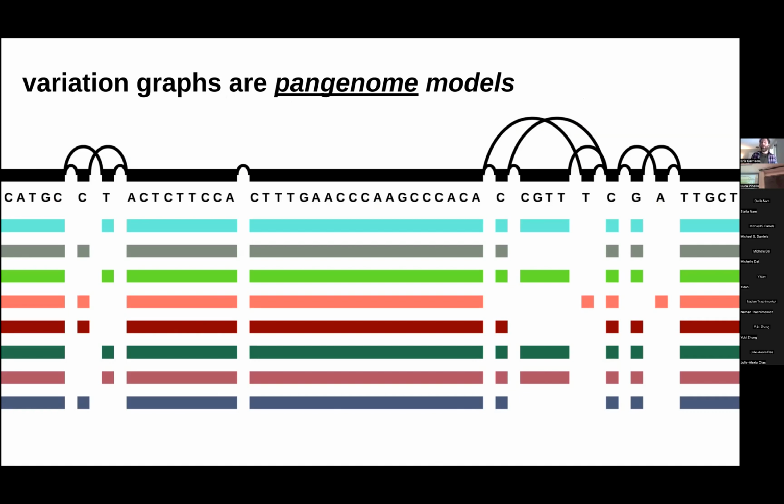And it will take a lot of updates to many kinds of tools and methods to make them usable. But they give us some advantages. For one, they can provide us a very complete and simple model of the relationship of many genomes. And by simple, I mean that the graph can correspond to a matrix representation or a vector space representation.